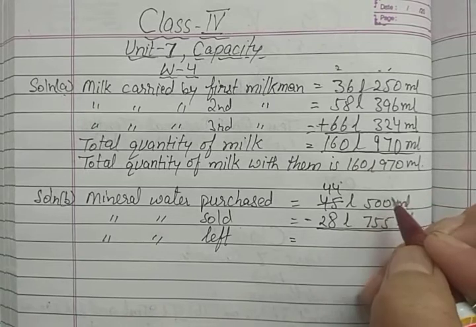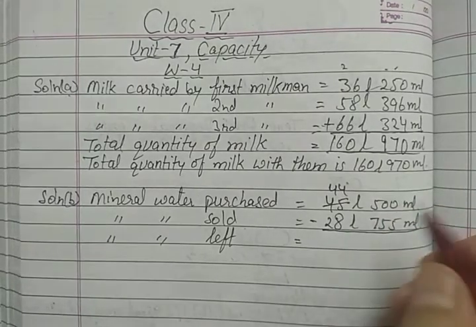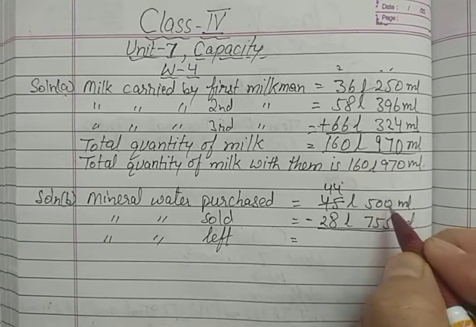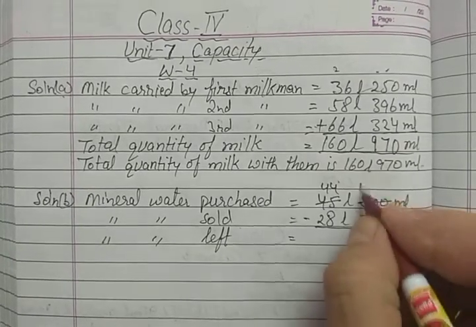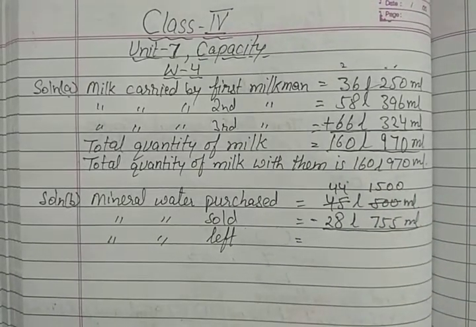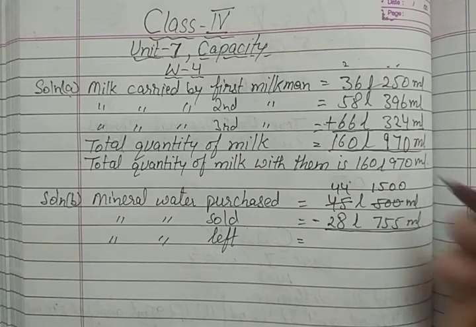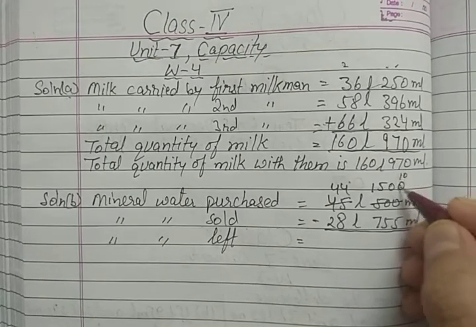So 1 liter becomes how many milliliters? 1000 milliliters. So it will add to this. So what will it become now? It becomes 1500 milliliters. Now subtract it. So here 0 is smaller, so it will become 10.